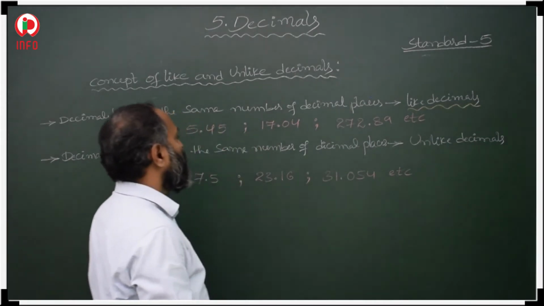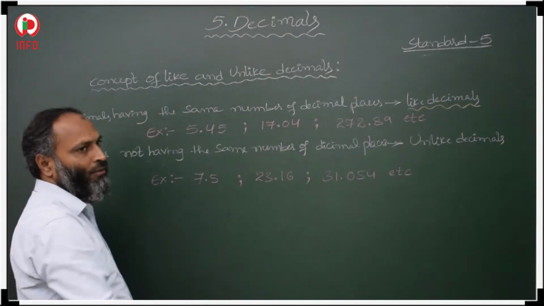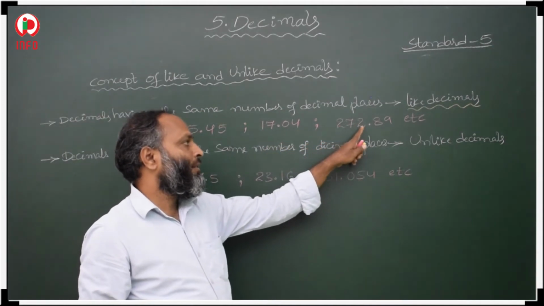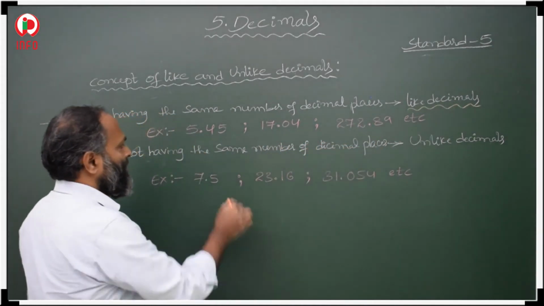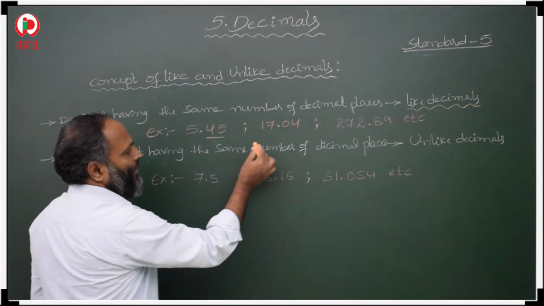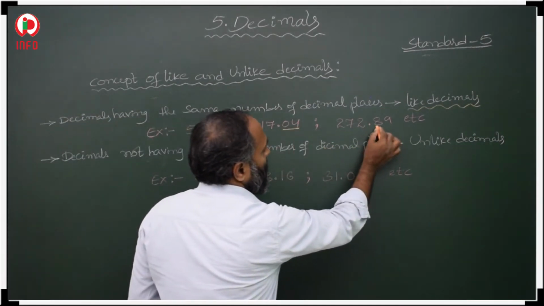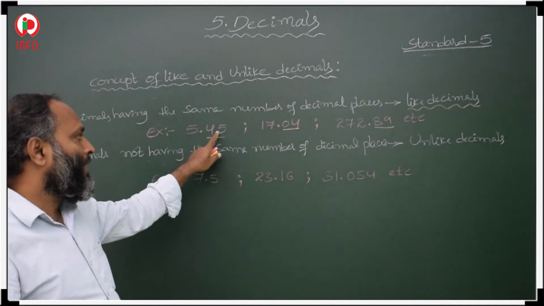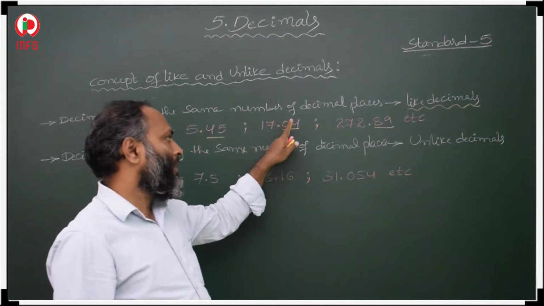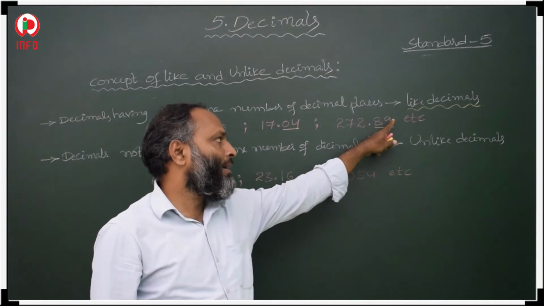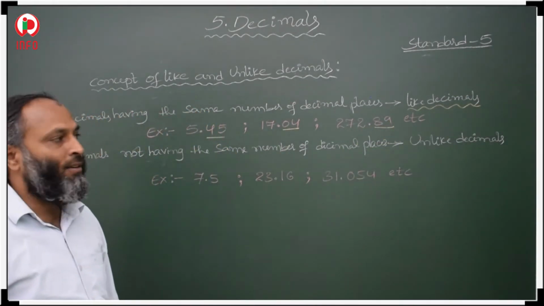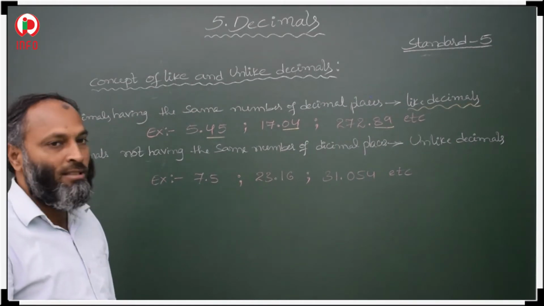For example 5.45, 17.04, 274.89. The decimal places here are 1, 2, here 1, 2, here 1, 2. After the decimal we have 2 places, tenths and hundredths, in each. So if there are an equal number of decimal places, then we can say they are like decimals.